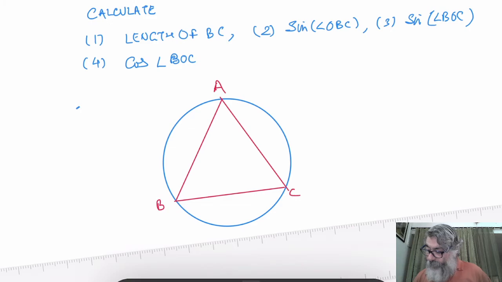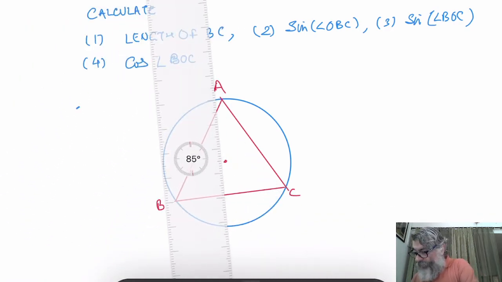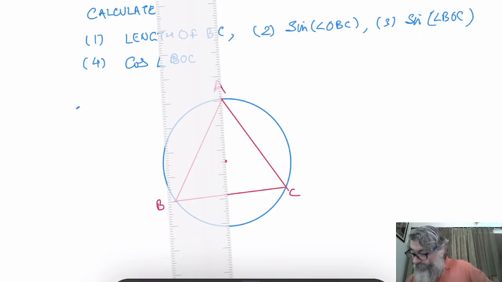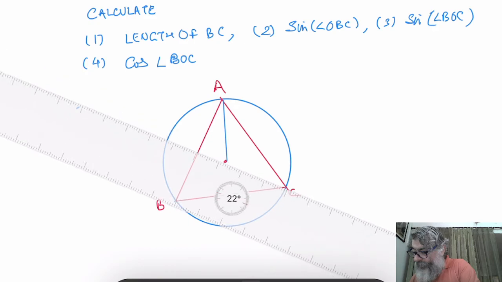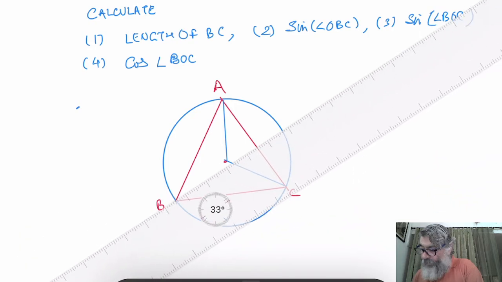Now let O be the center. So obviously this is going to be the radius, this is going to be the radius, and this is going to be the radius.